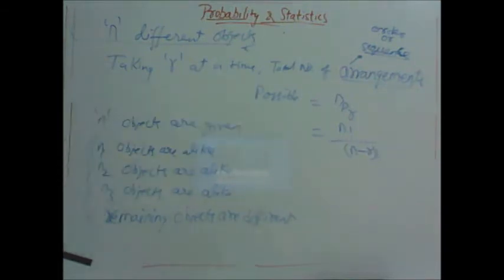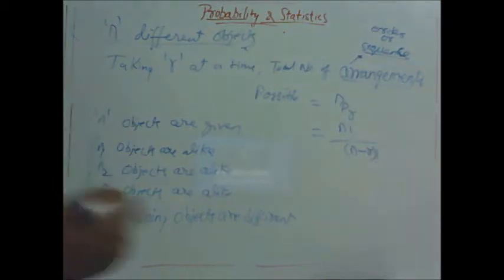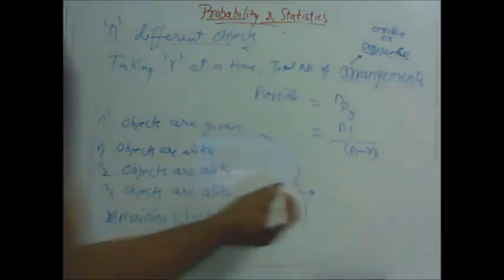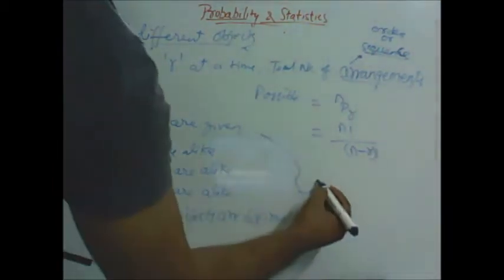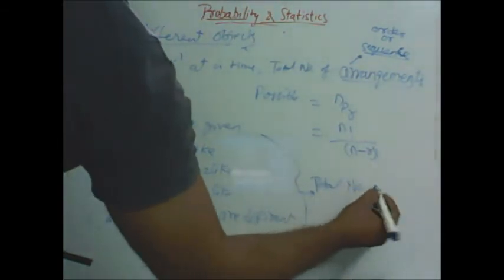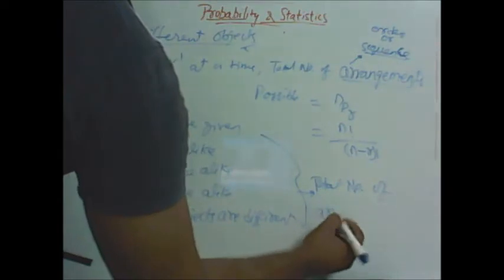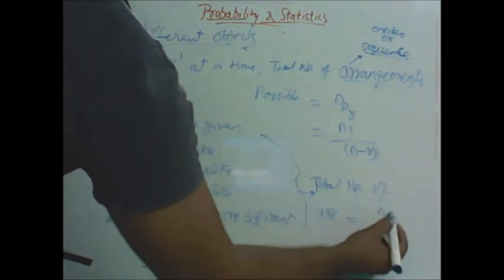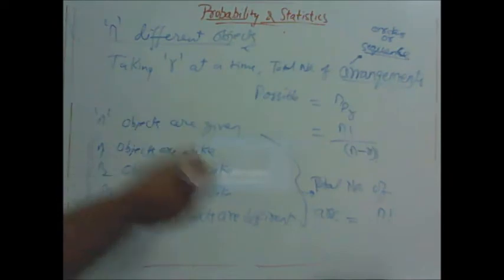If such is the case, the total number of arrangements with all these n objects possible is, so that is total number of permutations, nothing but total arrangements, equals n factorial for all the objects.